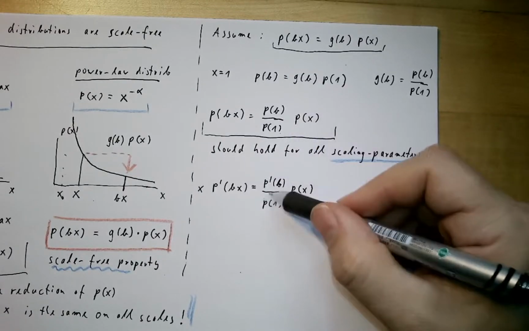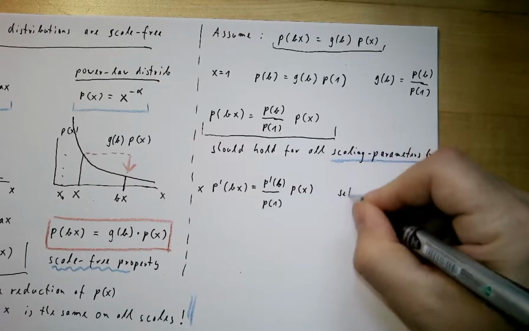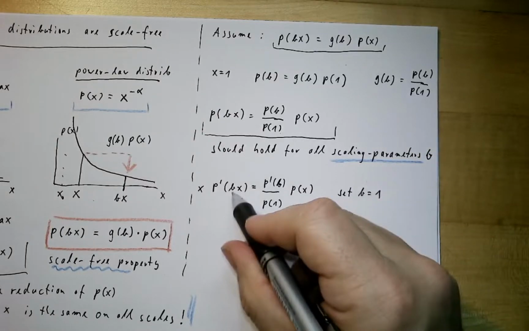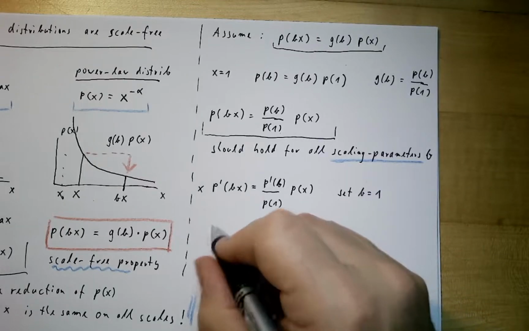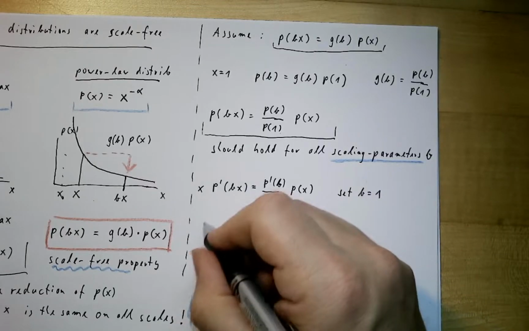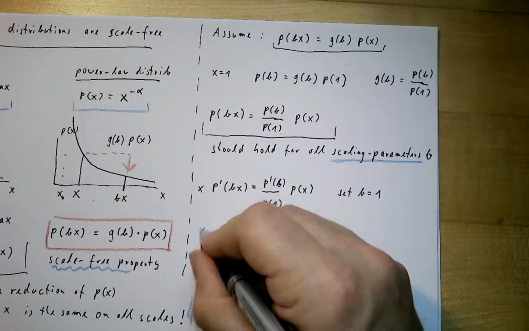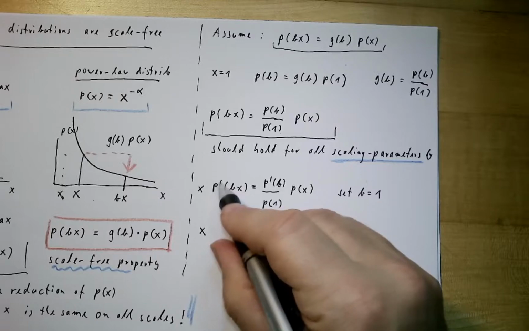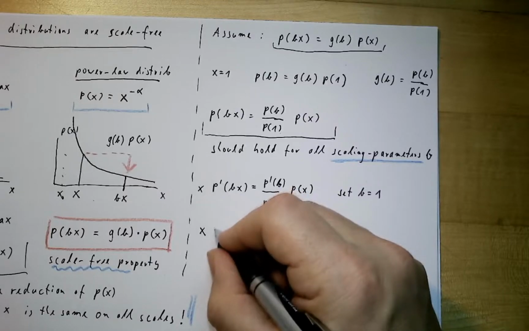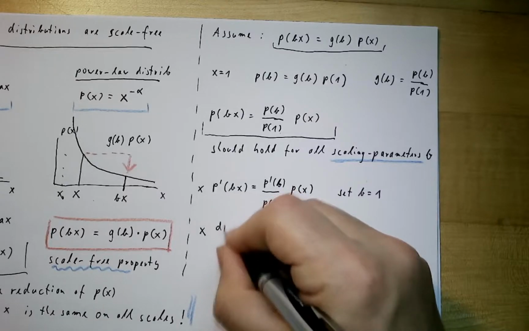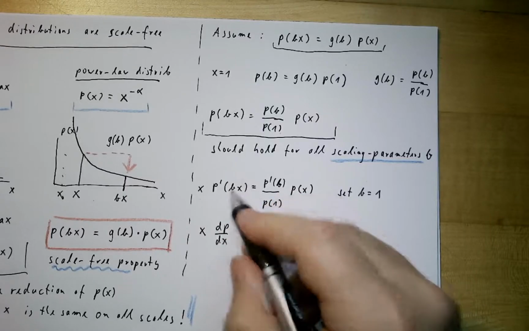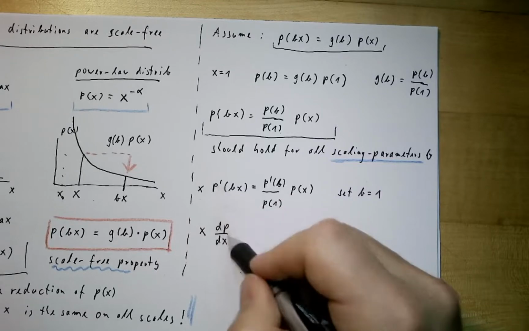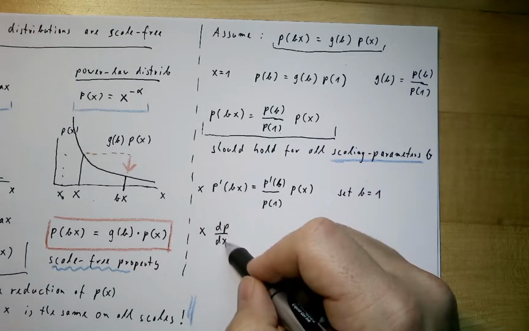And now we use this derivative at the position b equal 1. Okay, so we put here b equal 1. Then we have x times, if b is 1, then we just have dp over dx, because this b is not there, we just have the derivative of our function p, but now with respect to the variable x.